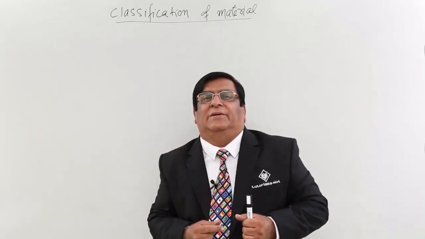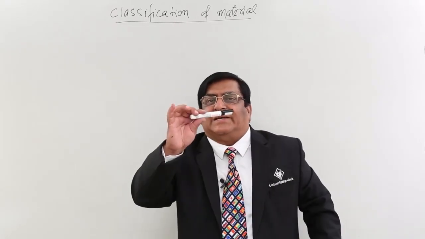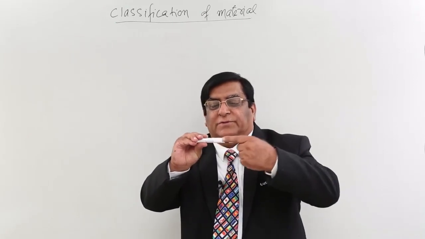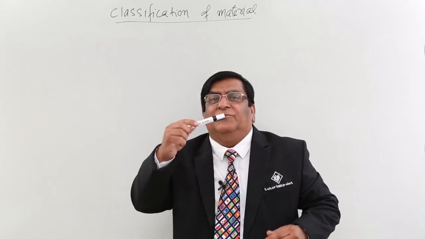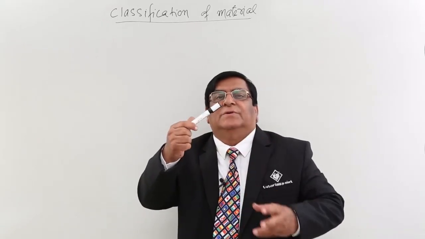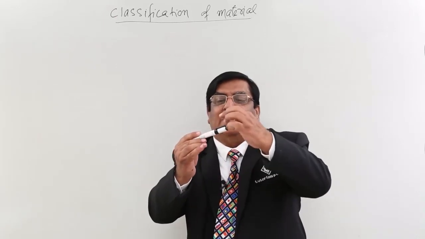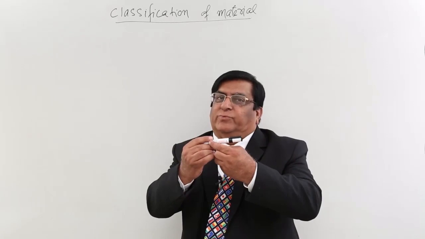The same thing we have done for the material, and we classify the material. There is one class of material which allows charges to move, copper, silver. There is another class of material which do not allow that to move, that is glass, plastic. You rub it, the charges will accumulate here and these charges will not move.